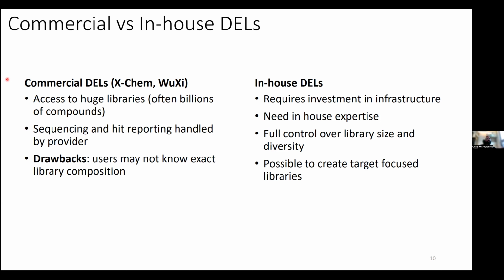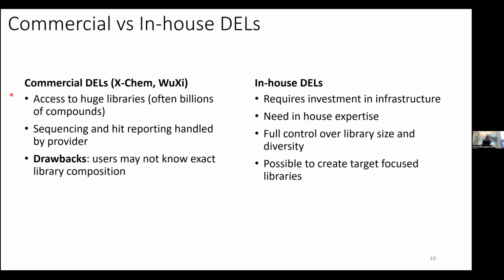And we can have access to huge libraries of billions of compounds. We purchase this library, we do the affinity-based selections in-house, and then we give the data back to the company for the sequencing and the hit reporting.